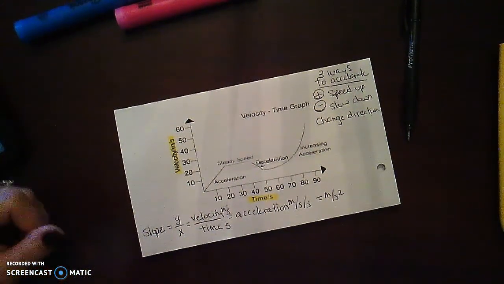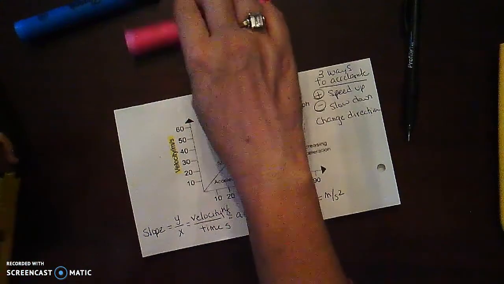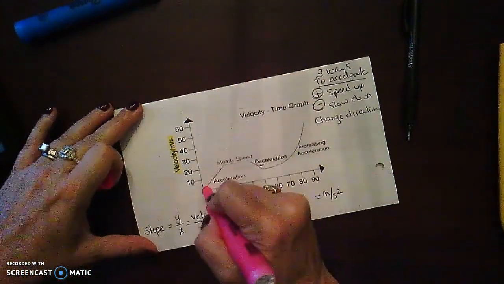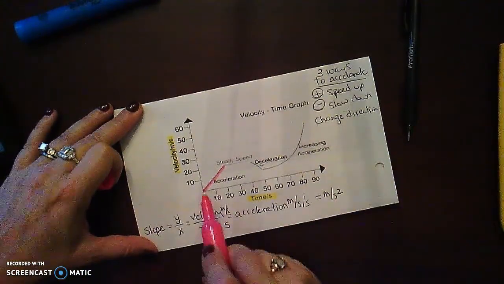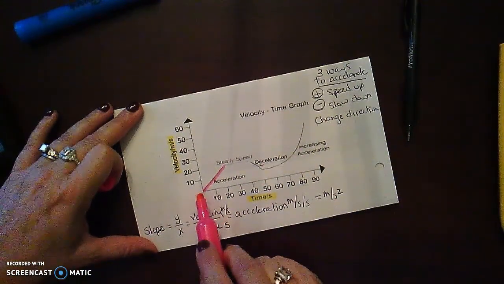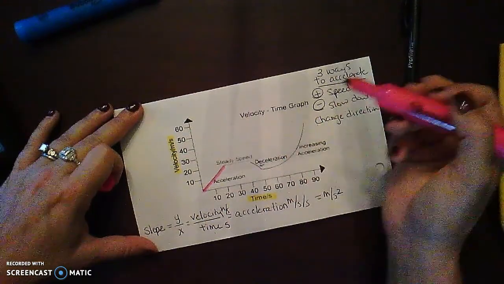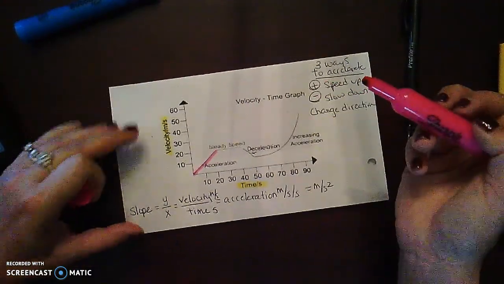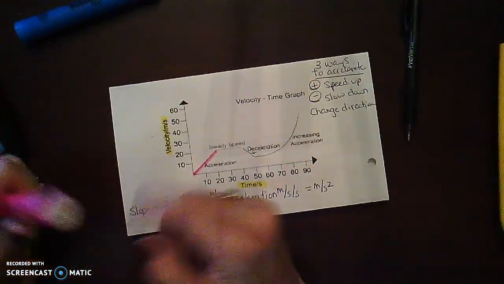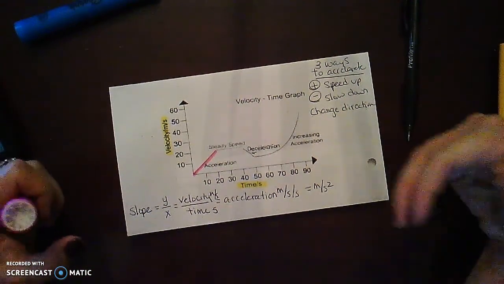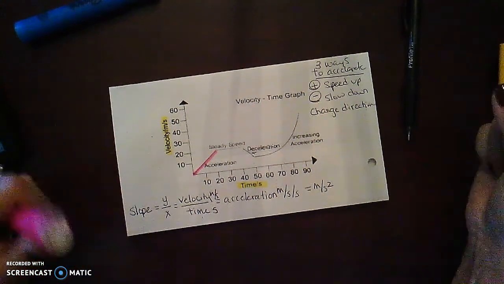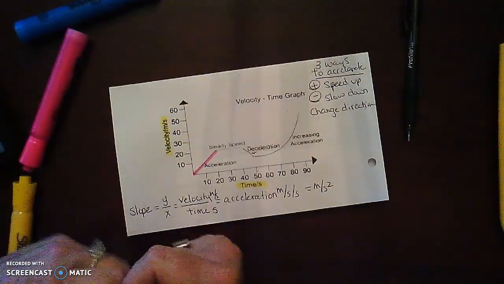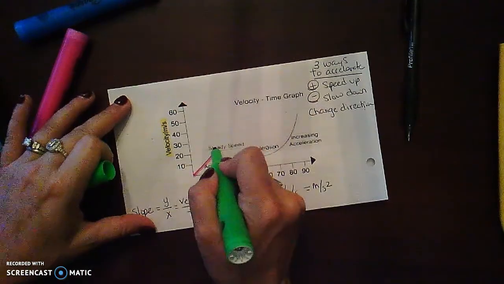So let's look at this graph for a moment. In the first piece of this graph, we have a positive slope, and that gives us a positive acceleration. It's also a perfectly straight line, so it's going to be a constant positive acceleration. It's constantly increasing. It's getting faster and faster and faster at a steady rate. All right, then here we have a flat line.